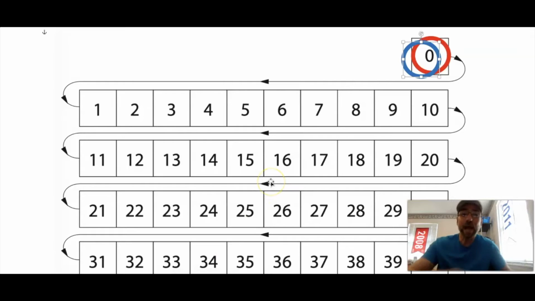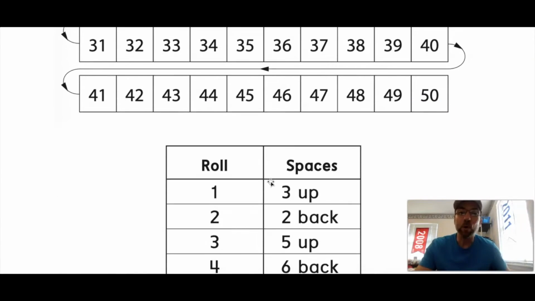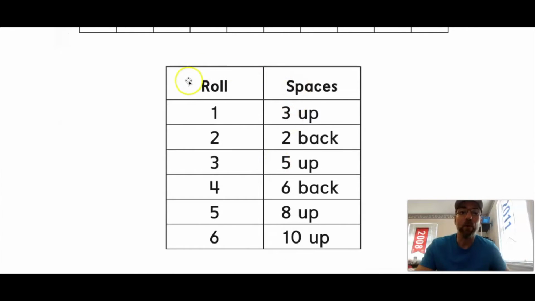So here's how we decide how to move. The game also has a little table. And the table tells us whatever number we roll, we have to move some spaces. If I roll a 1, I have to move 3 spaces up. So I'm getting bigger. If I roll a 2, I move 2 spaces back.